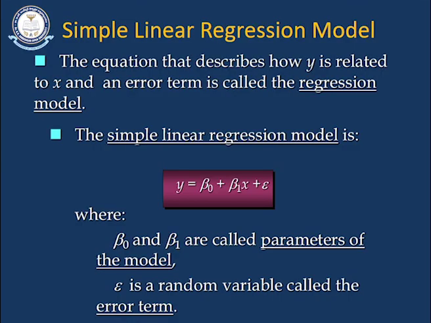Then the simple linear regression model, you can see it where y equals beta naught plus beta 1 x plus the error term. And here beta naught and beta 1 are the parameters of the model, and then e is the random variable, which is the error term.